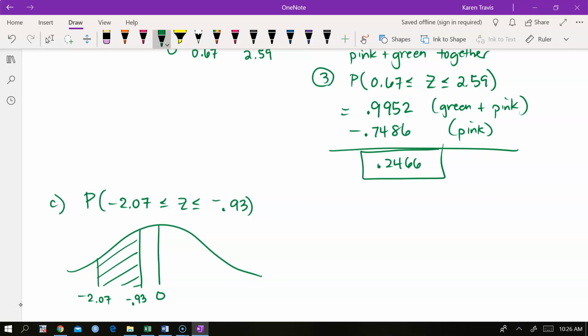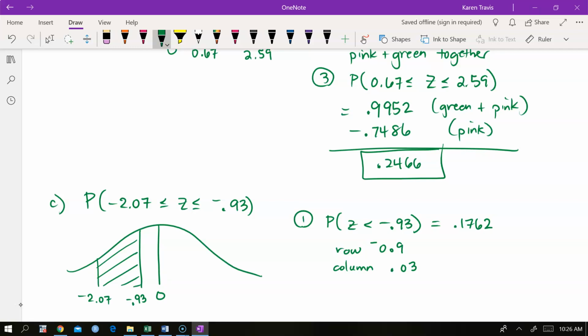Okay, so let's break it up in pieces again. The chance that z is below the minus 0.93, we're going to look in the row of negative 0.9, and the column of 0.03. And when you do that, the chance that z is below a negative 0.93 should turn out to be 0.1762.